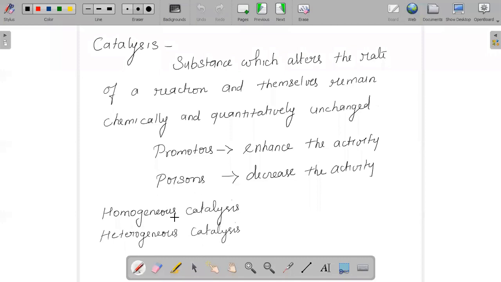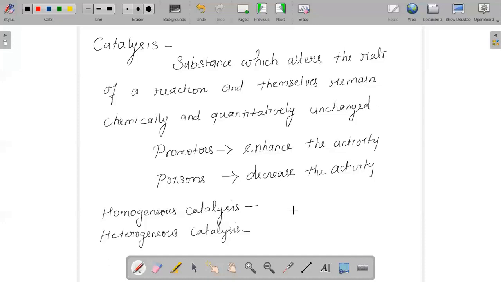There are two different types of catalysis: homogeneous and heterogeneous. What is homogeneous catalysis and what is heterogeneous catalysis? If the reactant and the catalyst are in the same phase, then it is homogeneous catalysis.